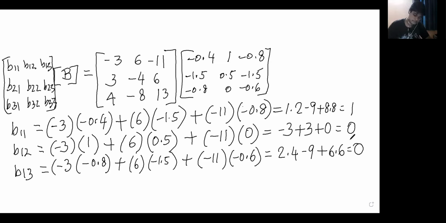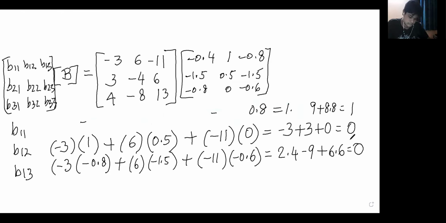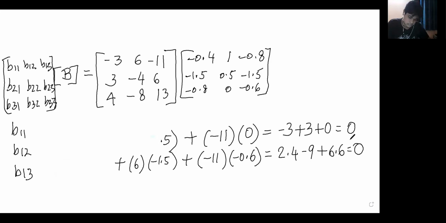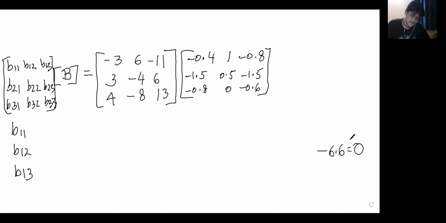So next you find B21. 3 into minus 0.4. Minus 4 into minus 1.5.